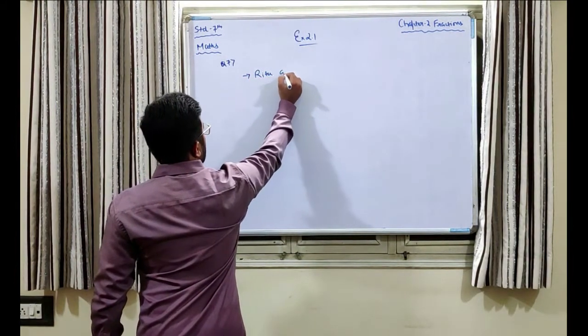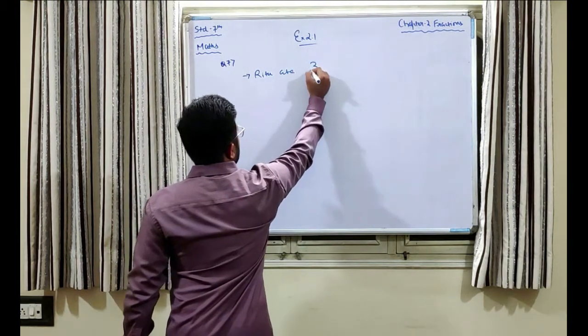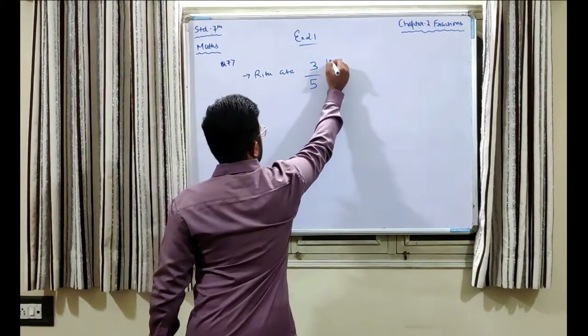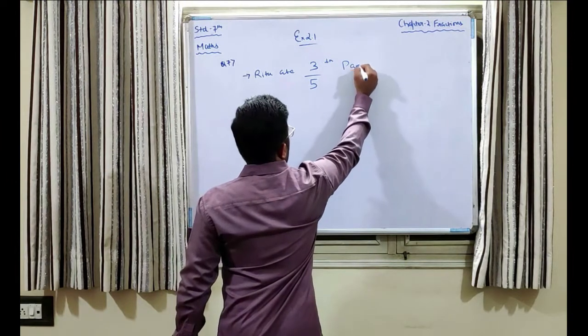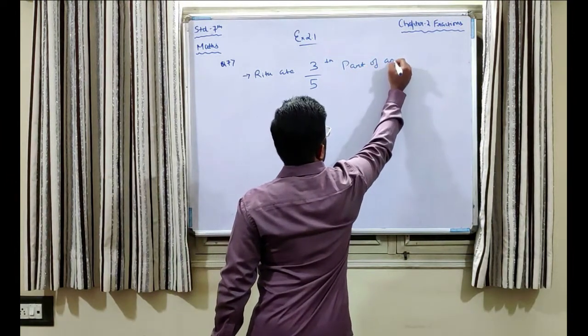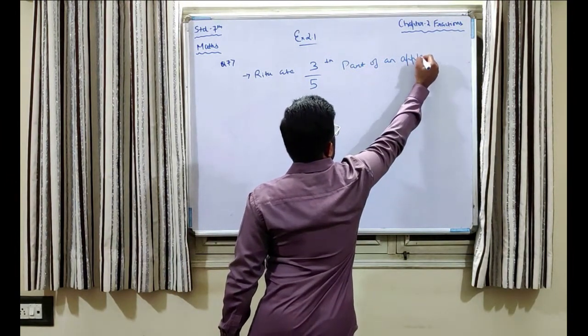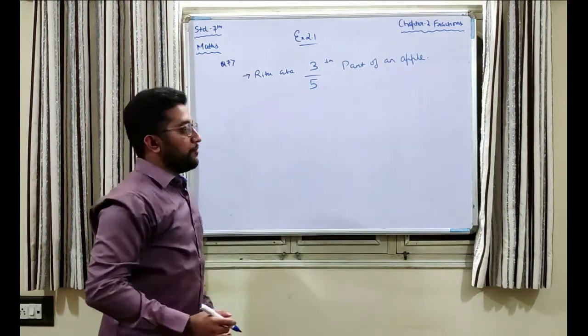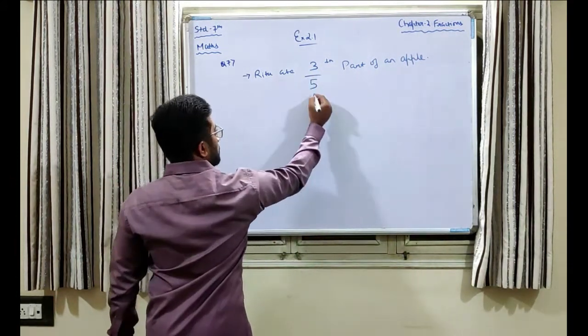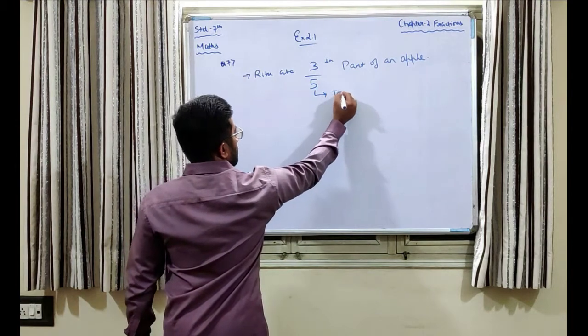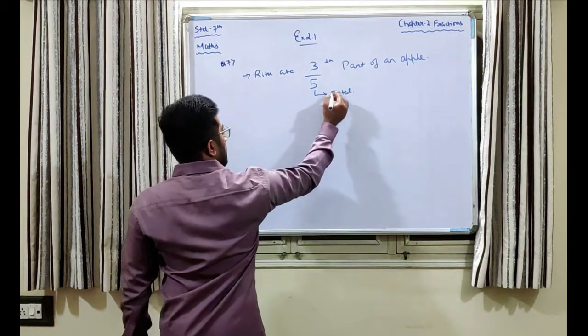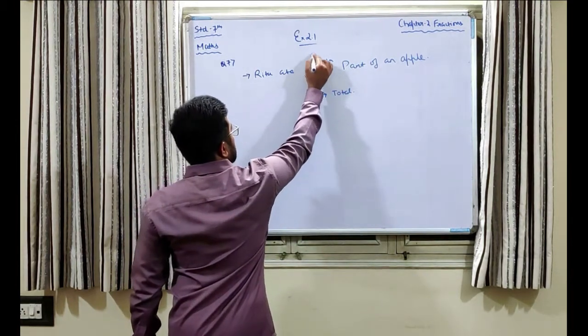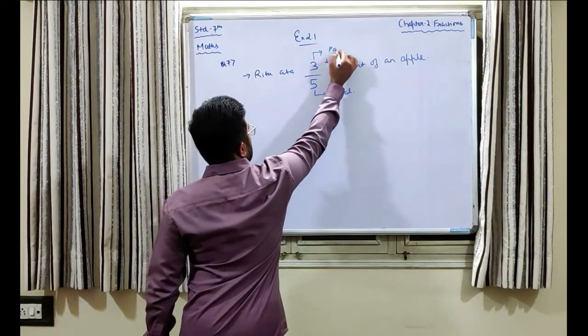Ritu ate 3/5 part of an apple. Okay, now if you look at the fraction here, this indicates total and this indicates the part.